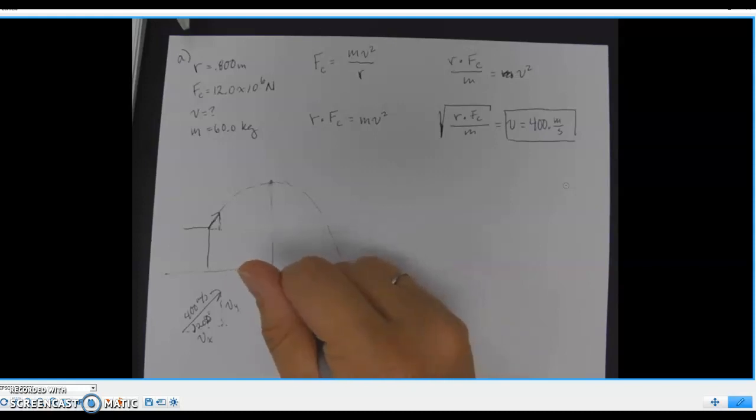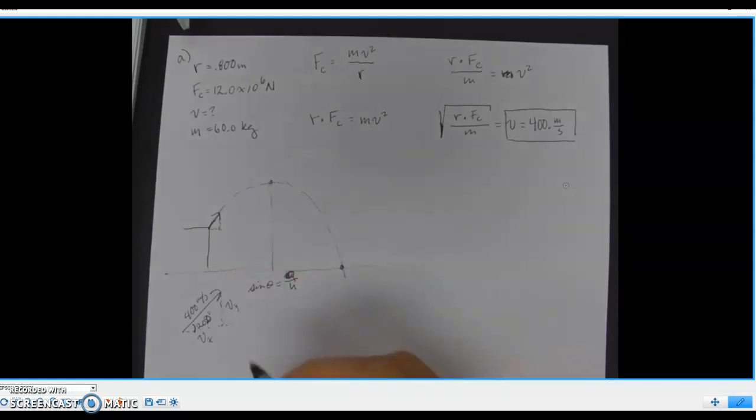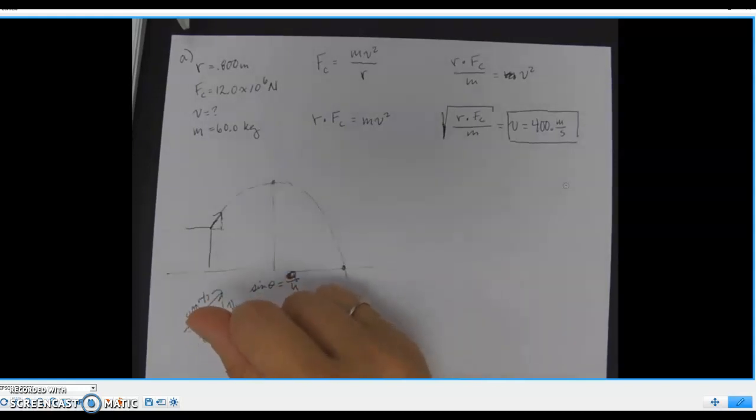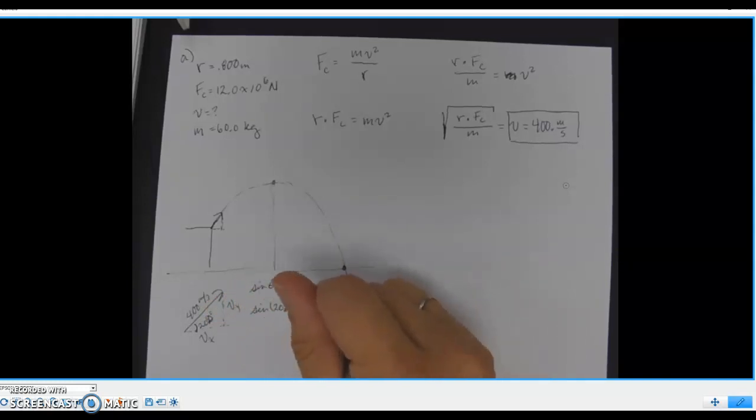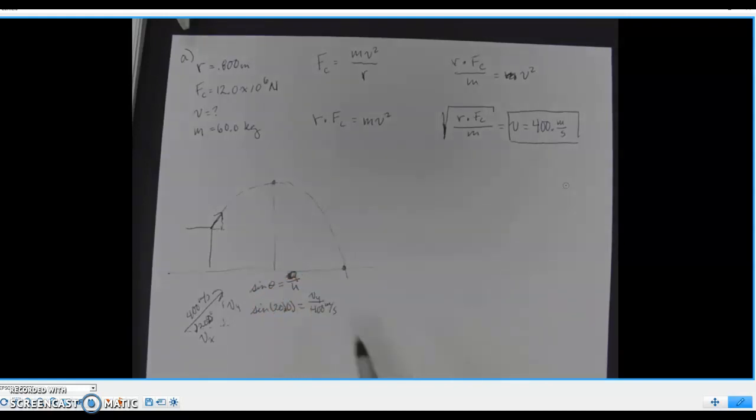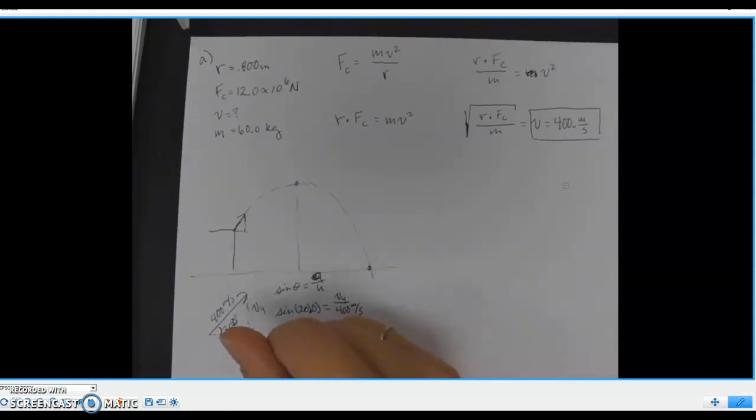So sine of 20 is equal to opposite, which is v sub y, over hypotenuse, which is 400 meters per second. But again, I'm solving for this velocity, so I'll multiply both sides by that 400. So we have 400 meters per second multiplied by sine of 20 degrees. That would give me my velocity in the y direction.